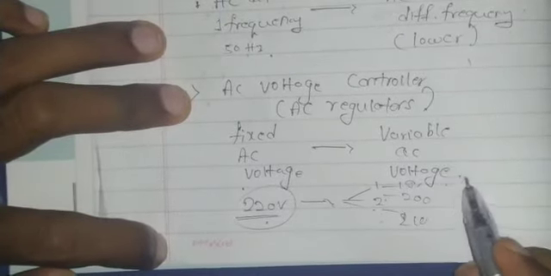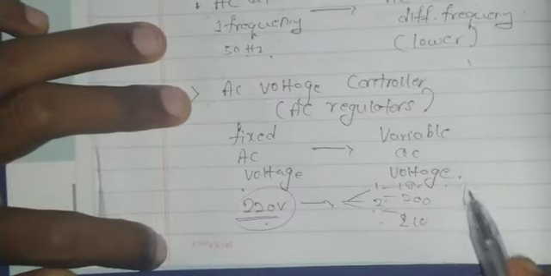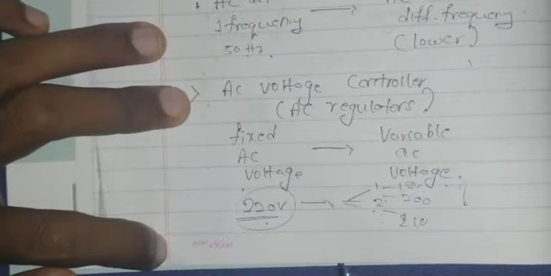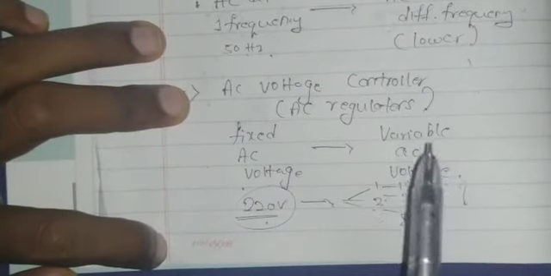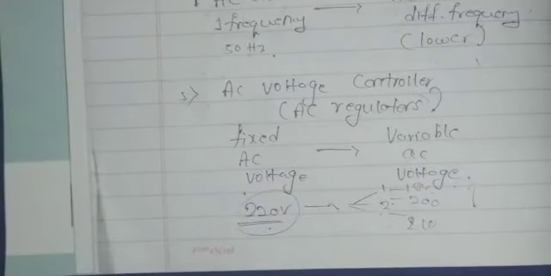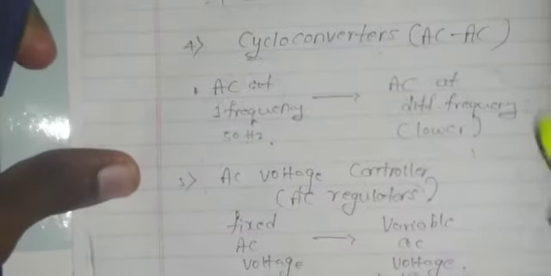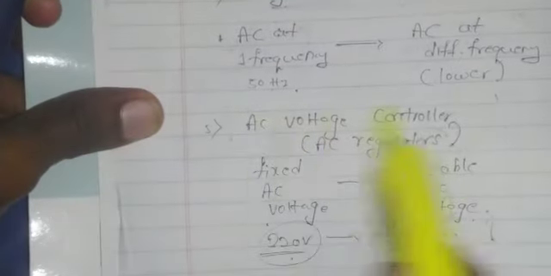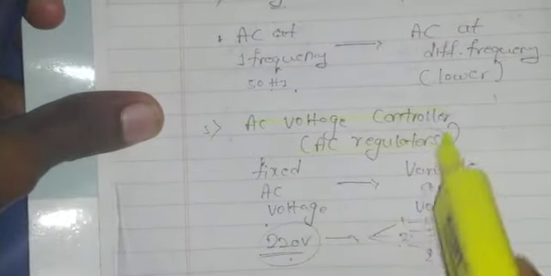So the fan speed decreases when this voltage decreases. So in the fan controller we are using AC regulators. Remember this, the AC to AC converter is the cyclo converter, and this is the AC regulator.